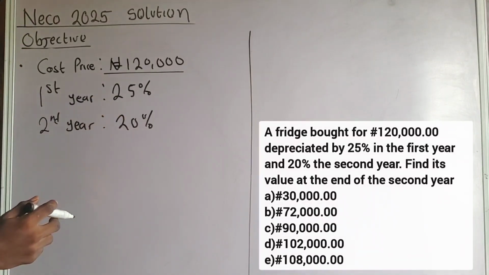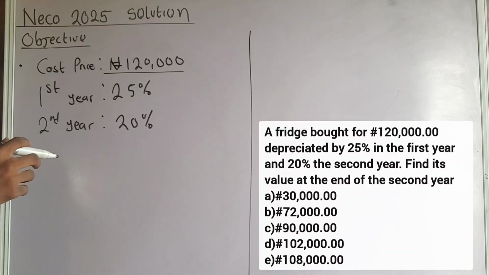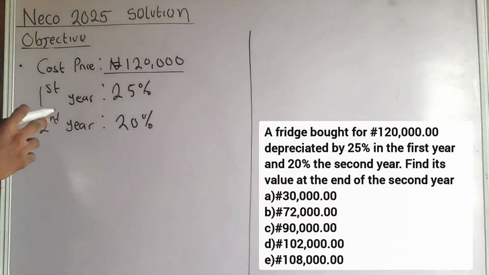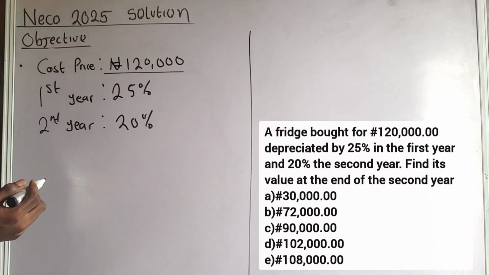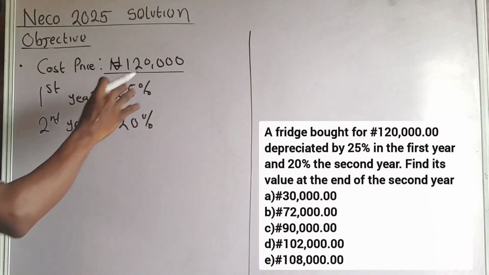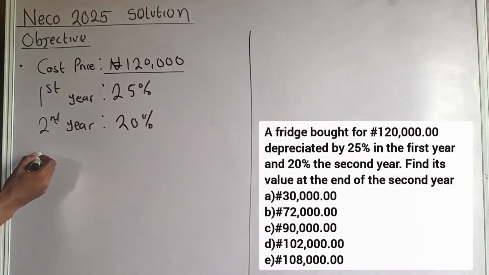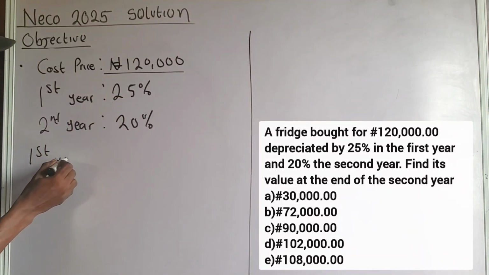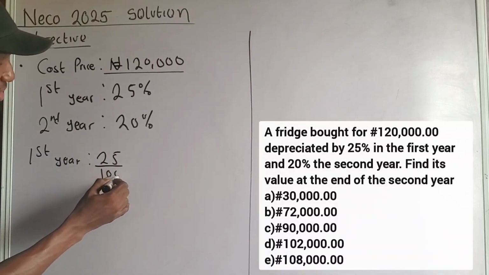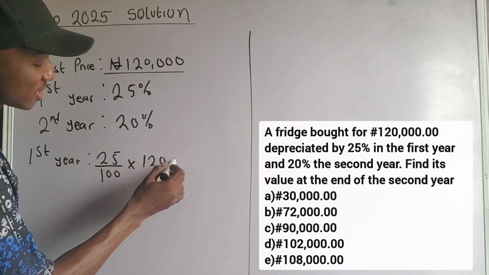So, if I want to calculate the amount by which the freezer's cost reduced, I'm going to multiply 25% by 120,000, right? So, for the first year, I'm going to have 25 over 100 multiplied by 120,000.